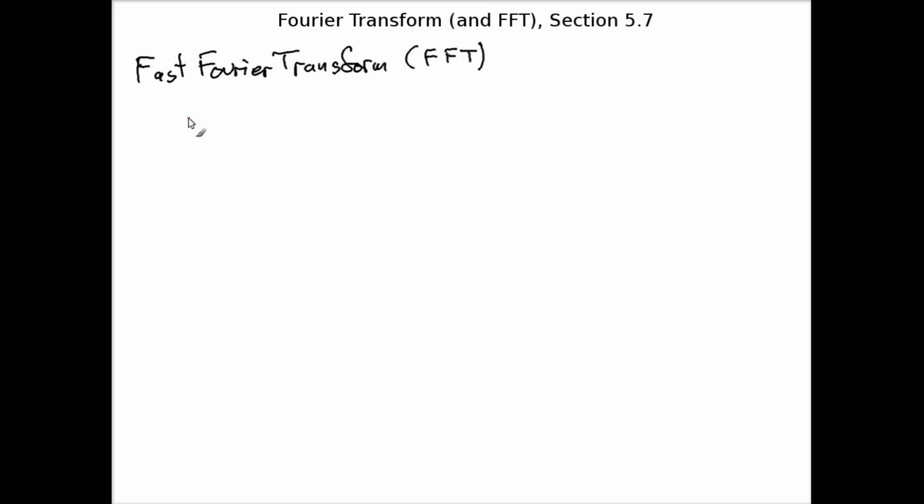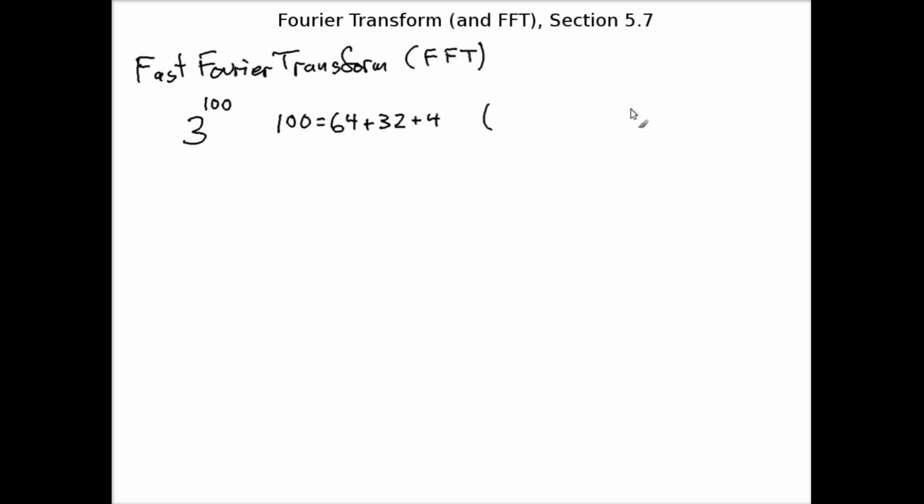Well, what if I asked you to compute something else that wasn't a power of 2, like 3 to the 100? Well, what you do is you write 100 in base 2, which is to say it's 64 plus 32 plus 4. Or in binary, what is that?